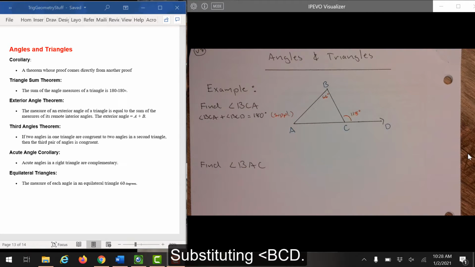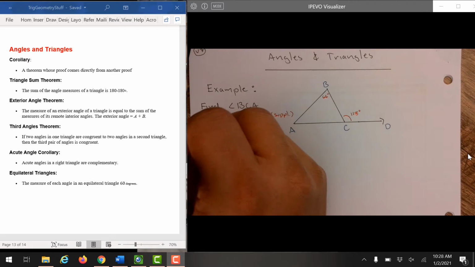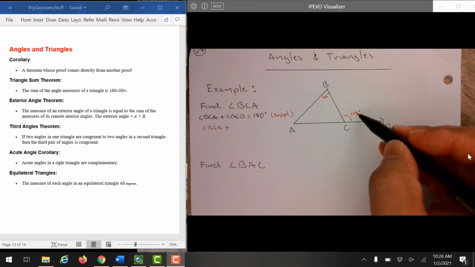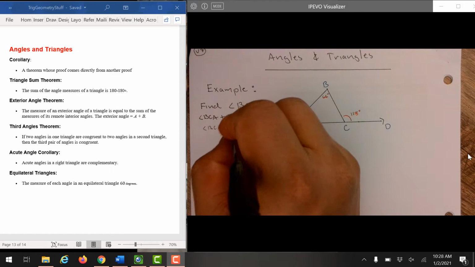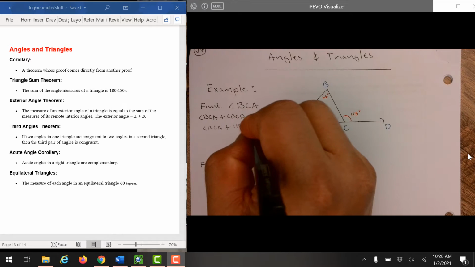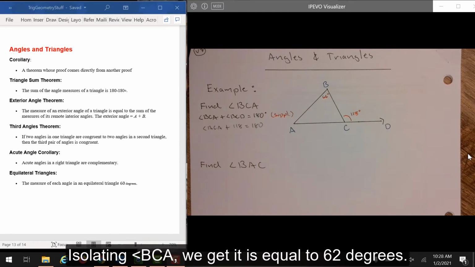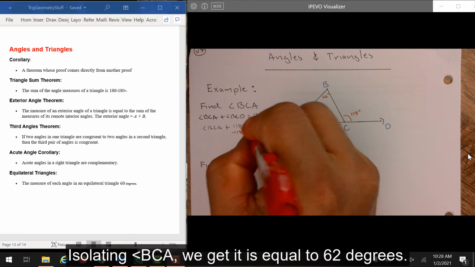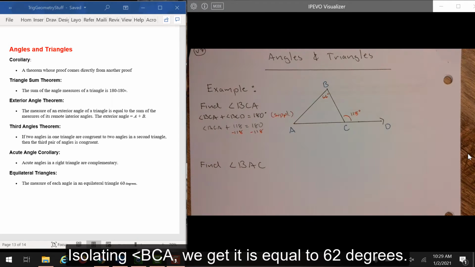Substituting angle BCD, and isolating angle BCA, we get it is equal to 62 degrees.